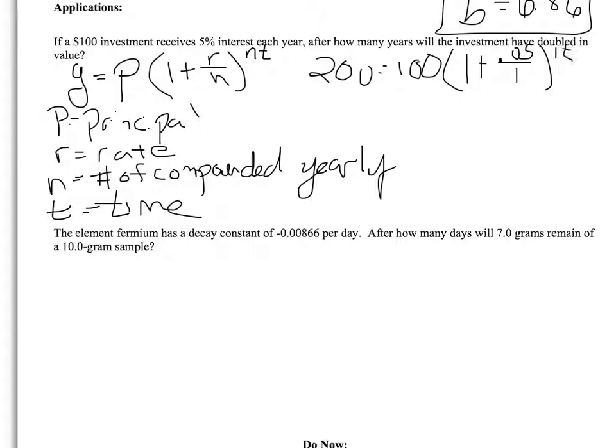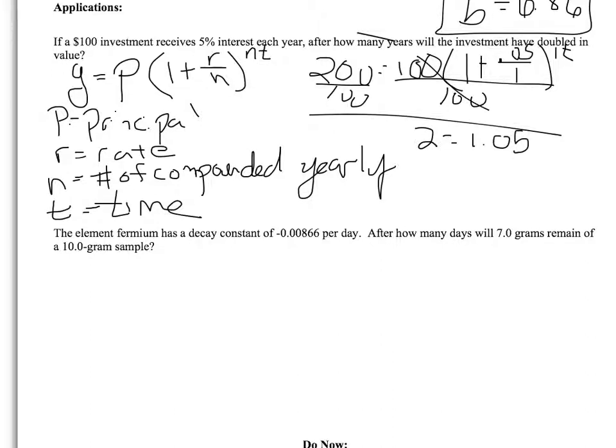We're looking for how much time, so 1t. To solve this equation, we'll divide by 100 to start, and you'll get 2 equals, inside parentheses, if I simplify that, 1.05 to the t power.